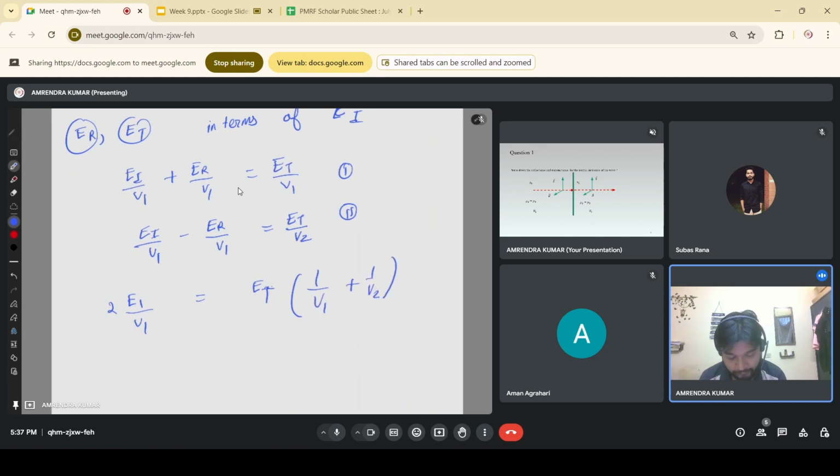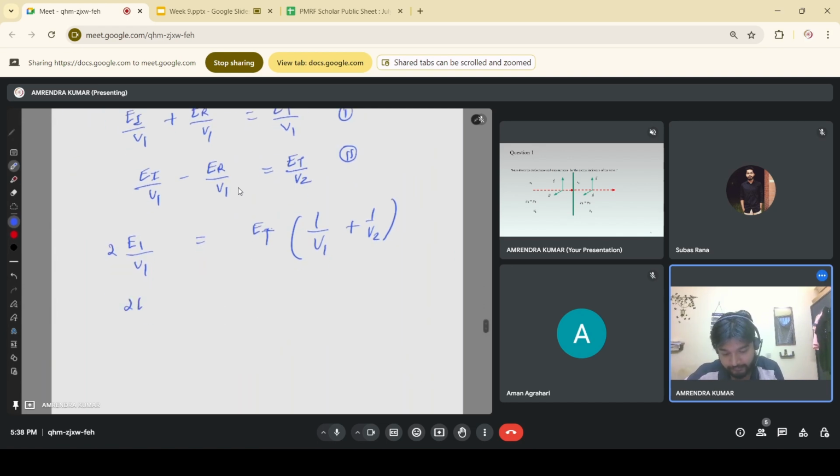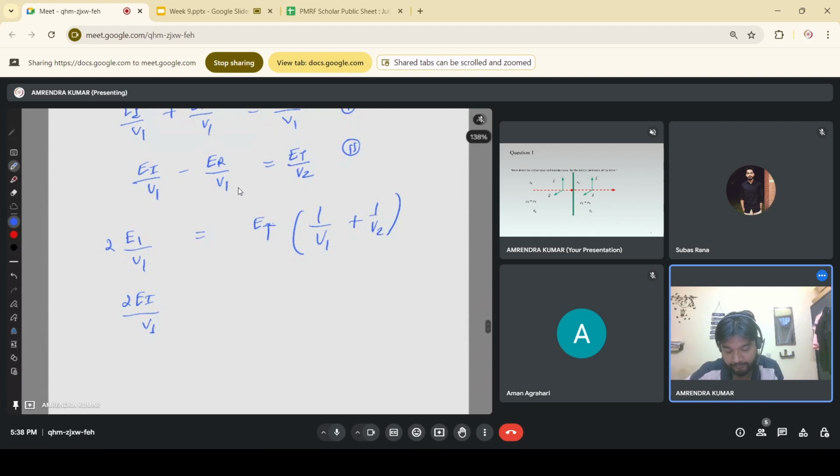Now you can think about it like this: ET. So first let's simplify this. It's twice of EI over V1, and this is ET transmitted, times V1 V2 over V2 plus V1.